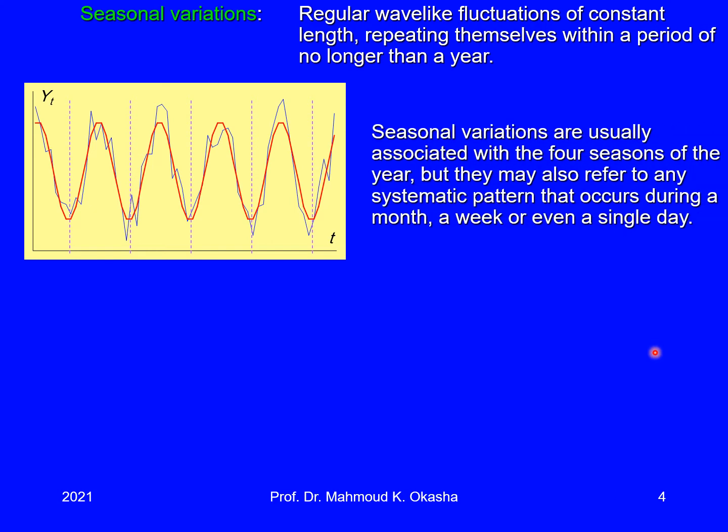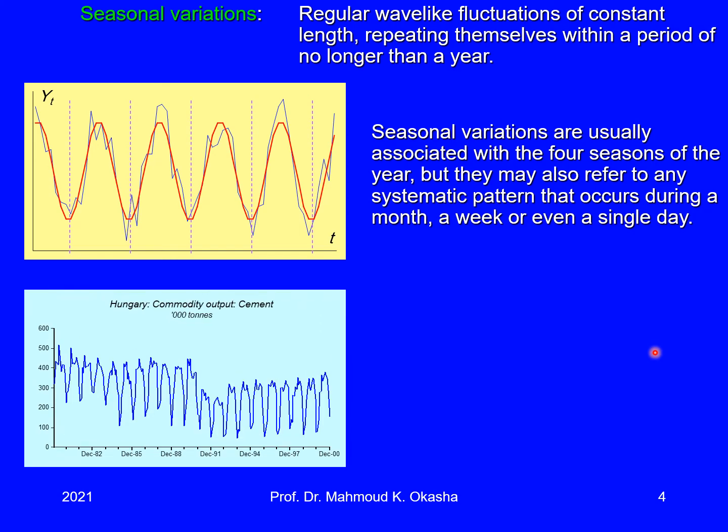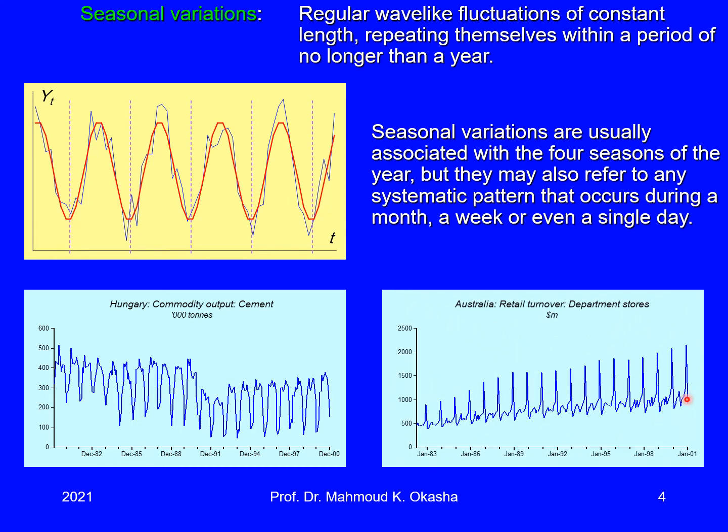So seasonal variations are usually associated with the four seasons of the year, but, as I said, if it is daily sales or whatever over days, it can be weekly, not yearly, a daily fluctuation, right? It can be like that also. Another example, or it can be like that. These are examples of seasonal variation.